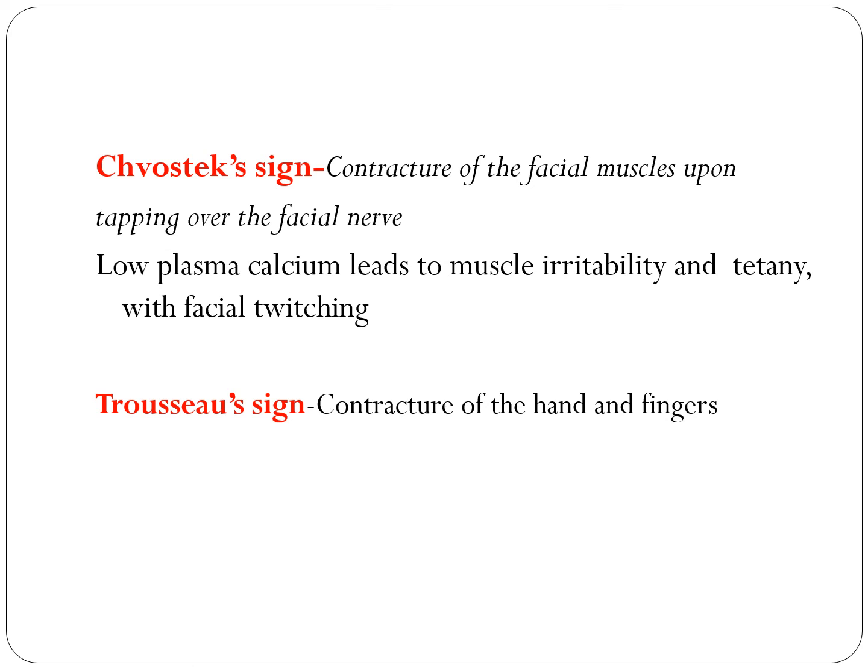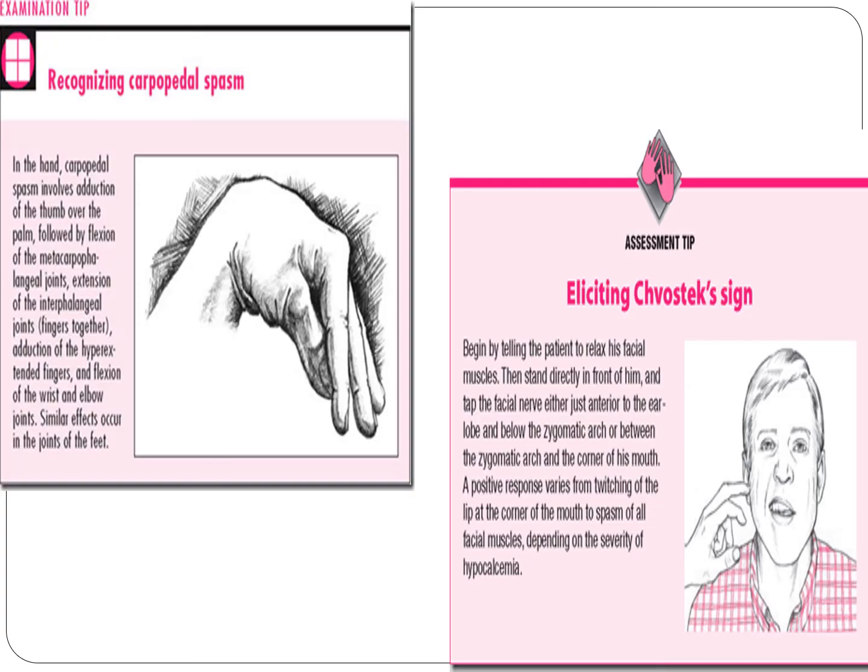Trousseau's sign is a contraction of the hand and the fingers. You can see it in the picture.